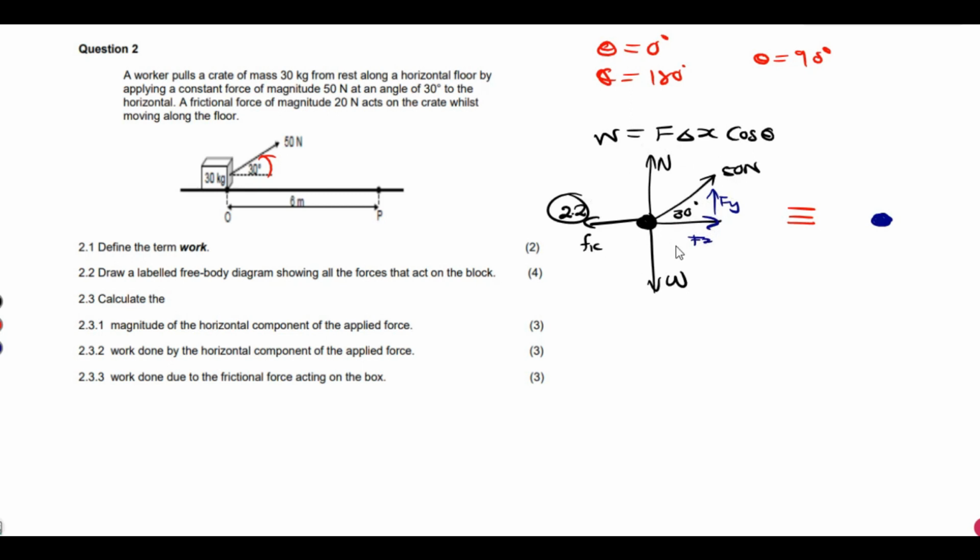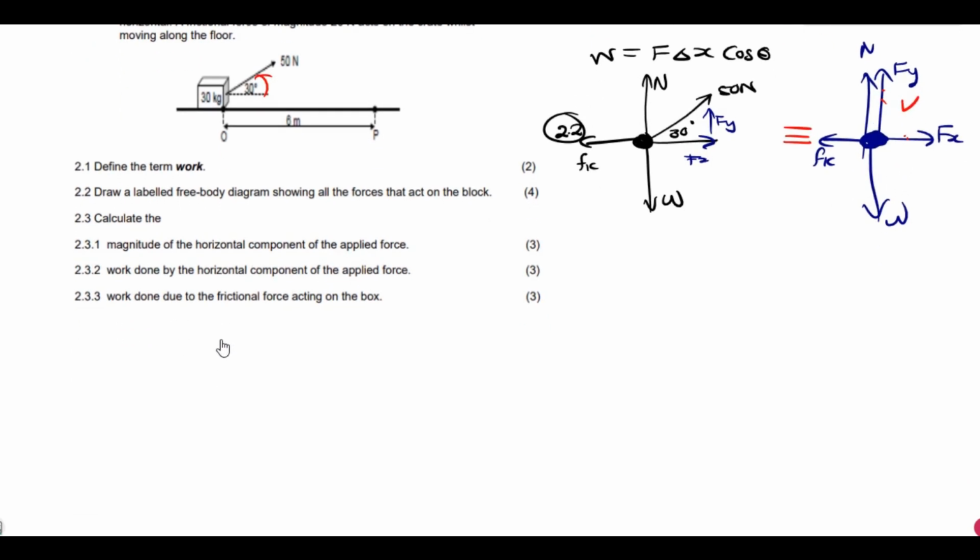It's fine if you draw it like this, but in component form, you have Fy, you have the normal force there, and then you have the weight, and then you have the x component of the force. Lastly, you have the frictional force. Now the marking, this one and this one are going to be marked together as one.